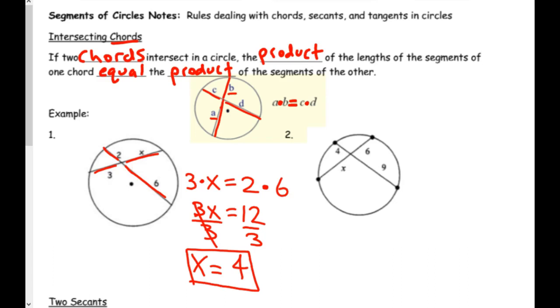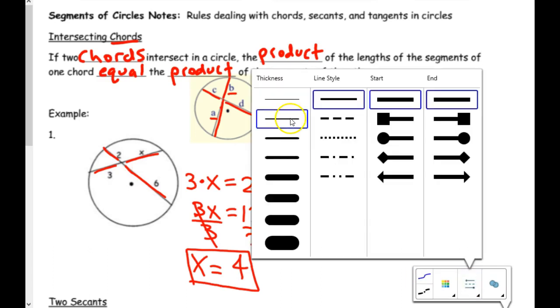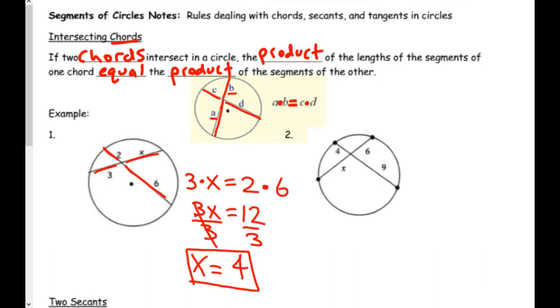If you look at number 2, are those two chords? Yes. So since these are two chords inside of a circle, do the same rule. So this little part times this little part on the same chord, right? 4 times 9. And then equals, on the other chord, this little part times this little part.